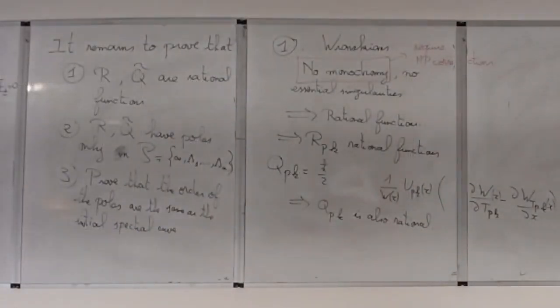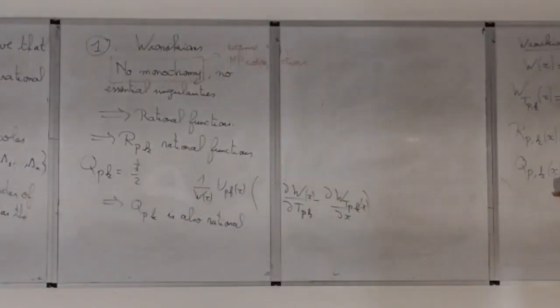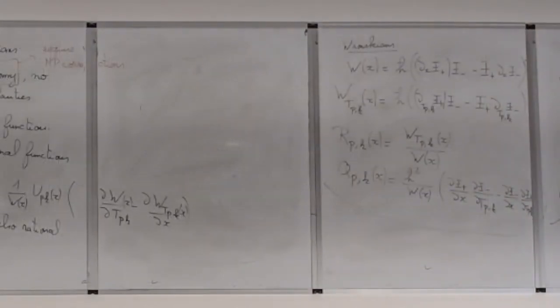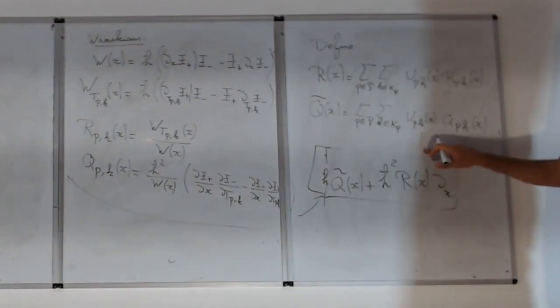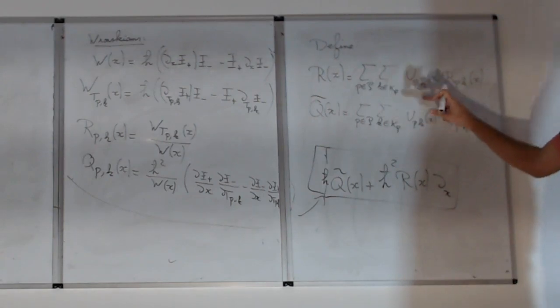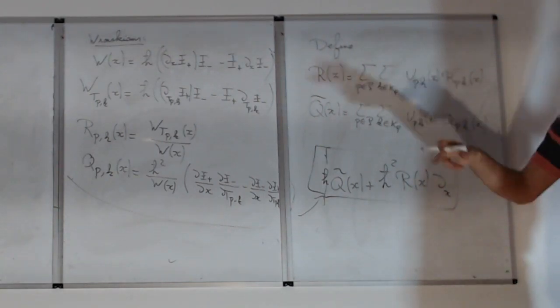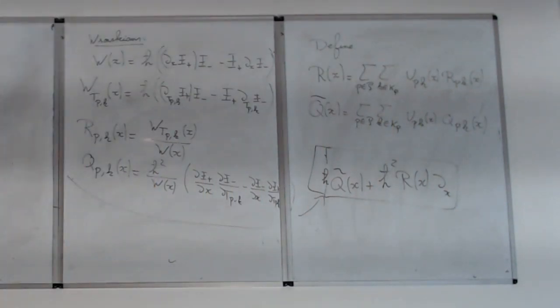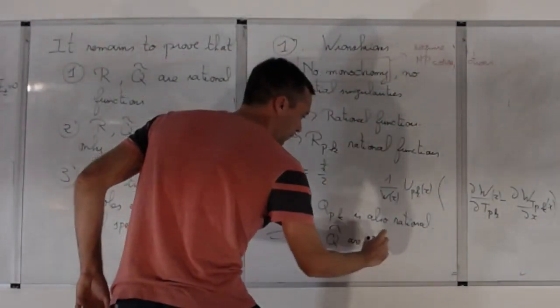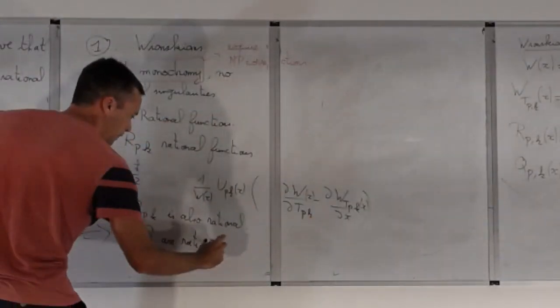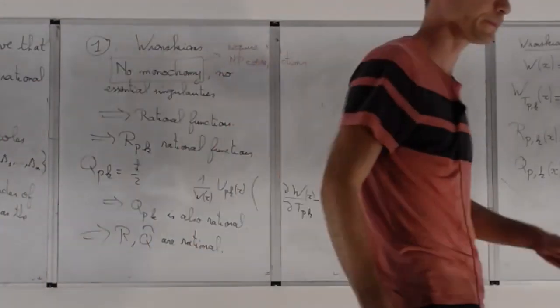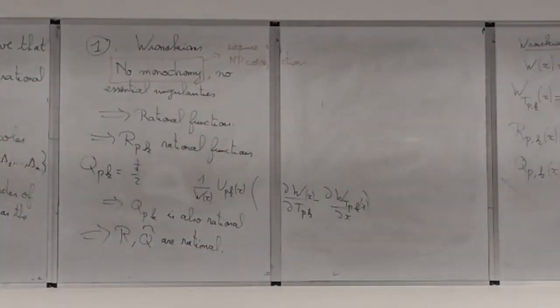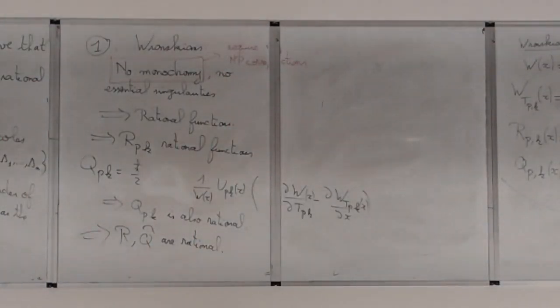Okay, and when you have this for these functions, then you automatically have the result also for R and Q tilde, because the U function here is a rational function that was defined by Nicola earlier. So you get, in the end, yes, the first step is done.